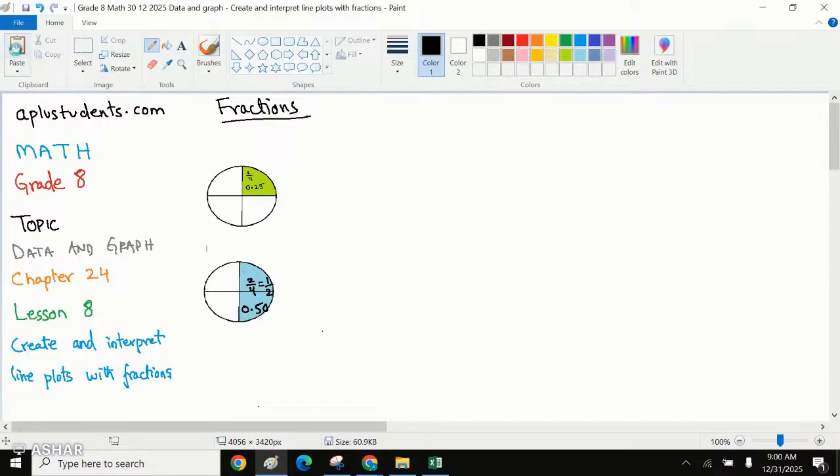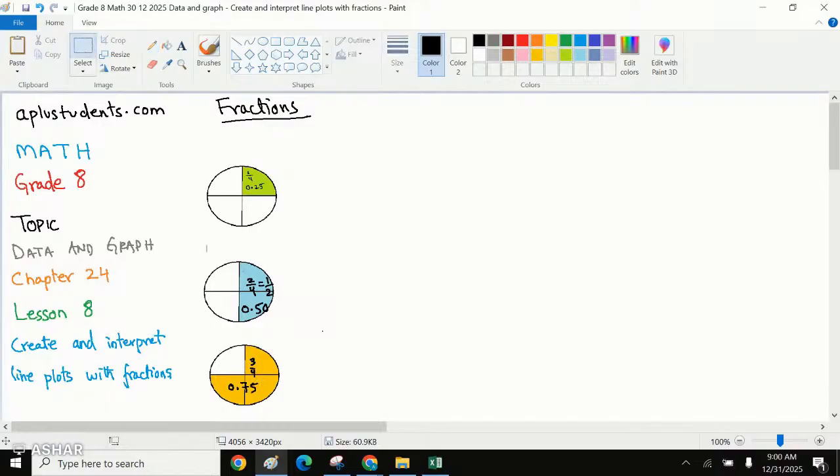For the third option, if 3 regions are shaded, that means 3 out of 4 are shaded, or 0.75.